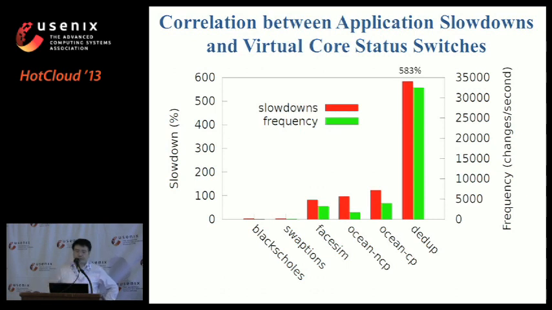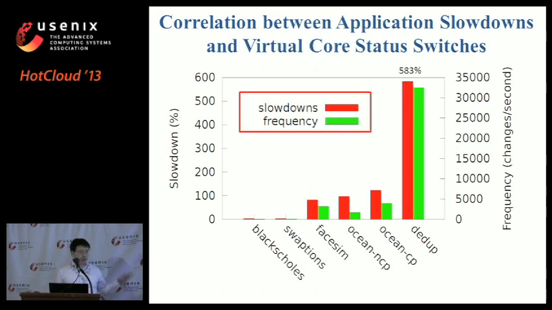To show the correlation between application slowdowns and the frequency at which virtual cores transition their status, we select a few benchmarks with different slowdowns and measure the frequency at which the virtual cores change their status.